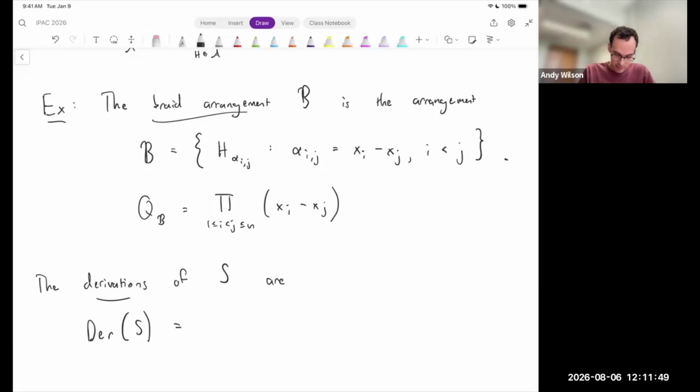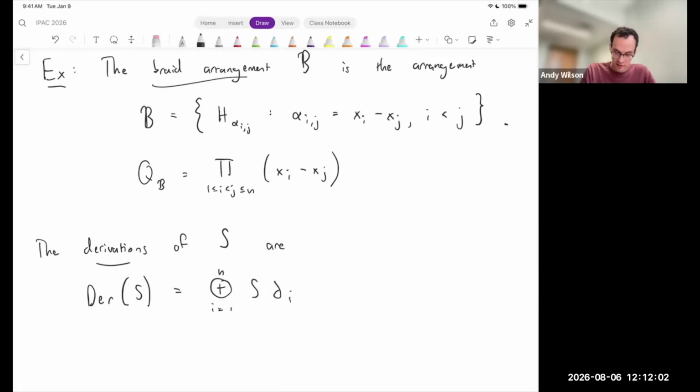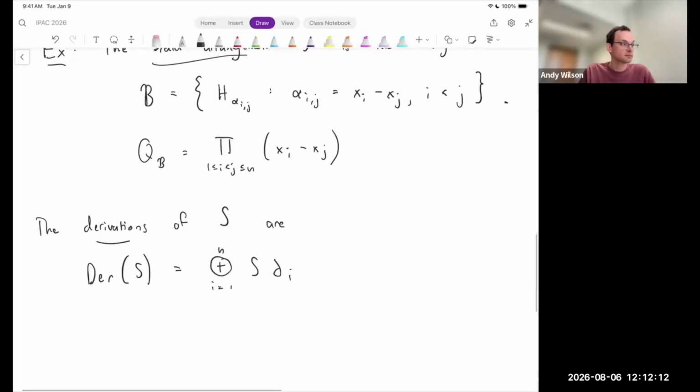I'm going to skip a couple steps and just say it's the direct sum of a bunch of copies of S, each one paired with a partial derivative operator. So this delta sub i is the thing that takes the partial derivative with respect to xi, right? And this is an S module under pointwise operations.